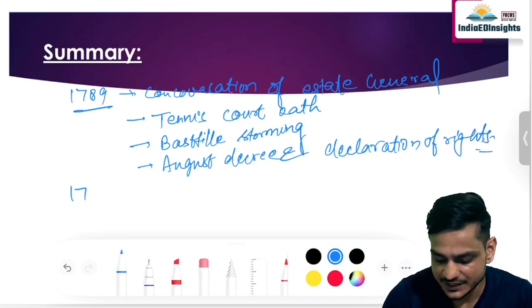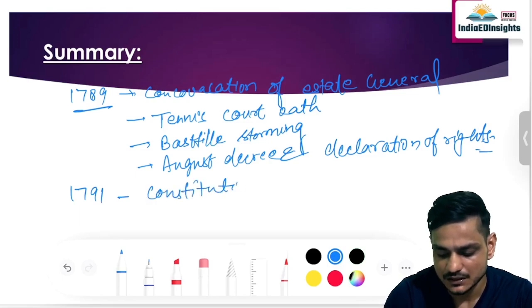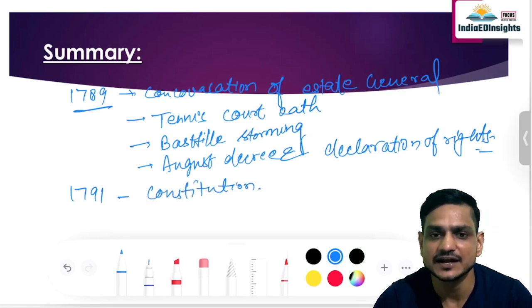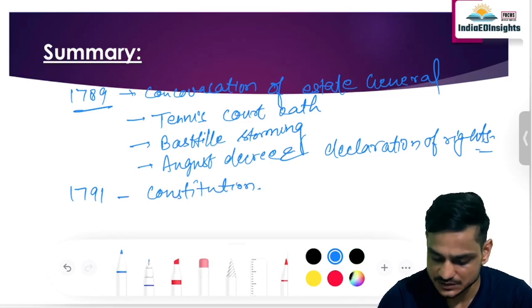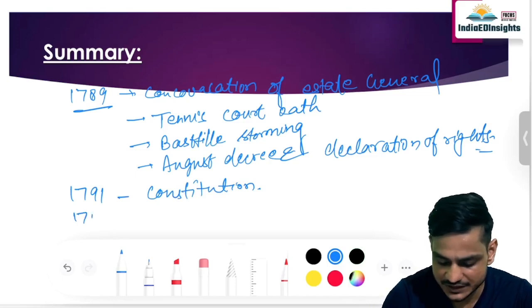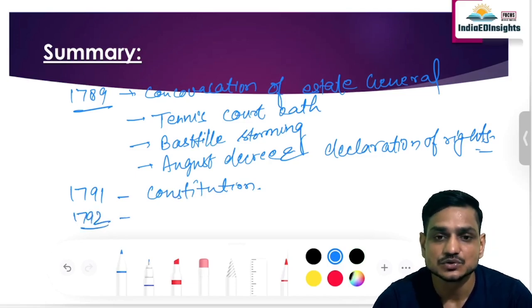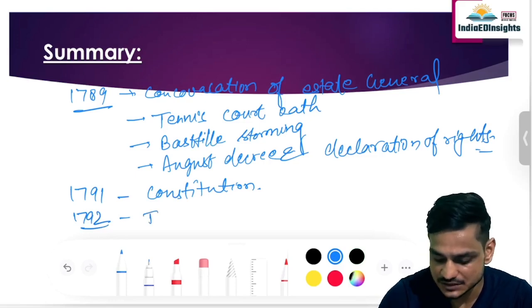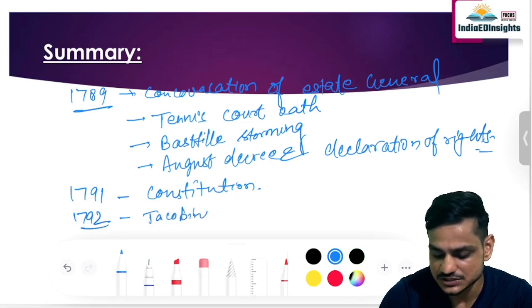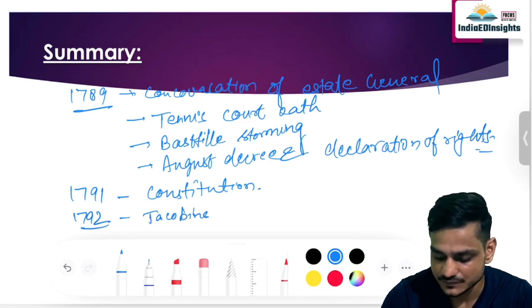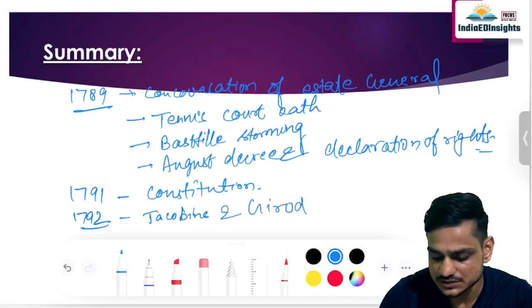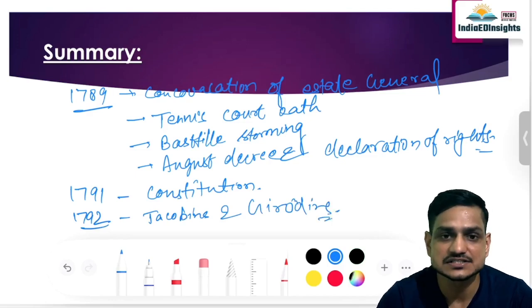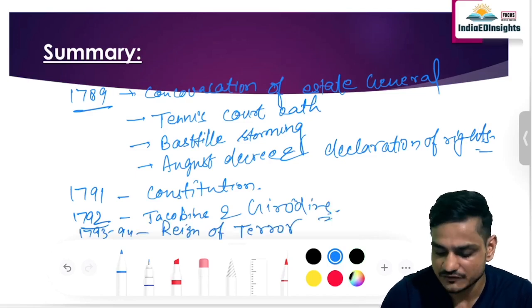Then the 1791 Constitution. In 1791 itself, the King tried to flee but was captured. In 1792, factionalism between Jacobins and Girondins in the Legislative Assembly.